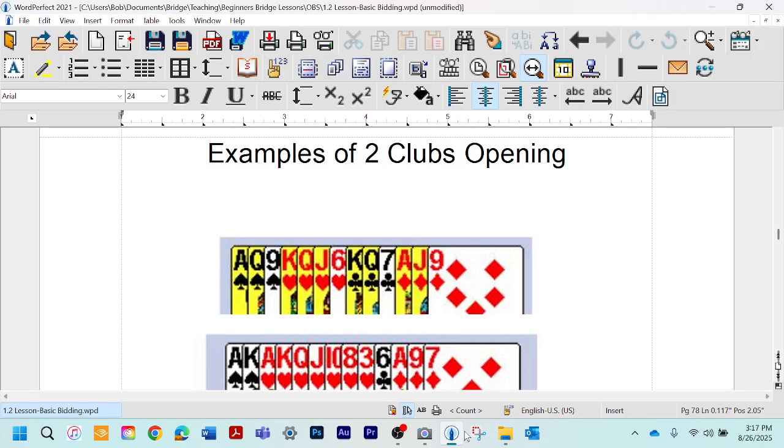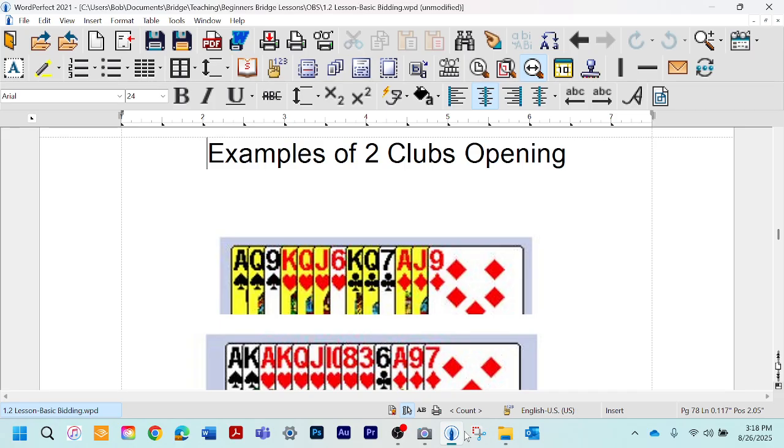Example of two-club openings. Look at this one. Both of these hands are very strong. The first hand doesn't have a long suit, but it's got 22 points, so it opens 2 clubs. His partner bids two diamonds. He comes back and bids two no trump. You know he's 22 plus. The second hand is strong in hearts, so he opens 2 clubs.